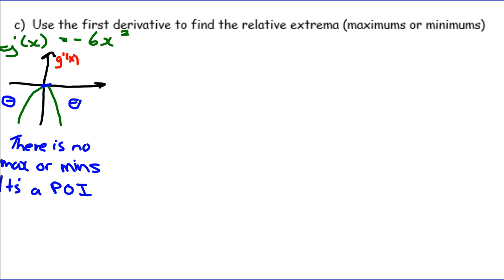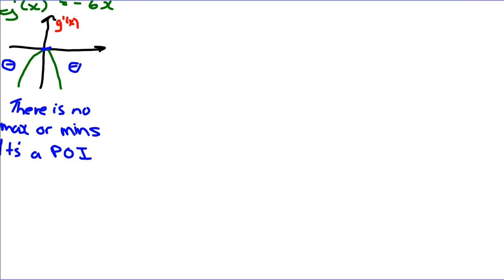You could say the derivative doesn't change sign after a stationary point. A point of inflection, a maximum and a minimum are all examples of stationary points.